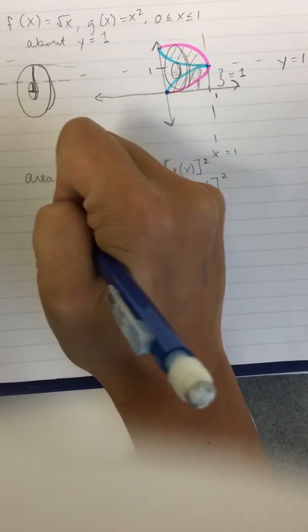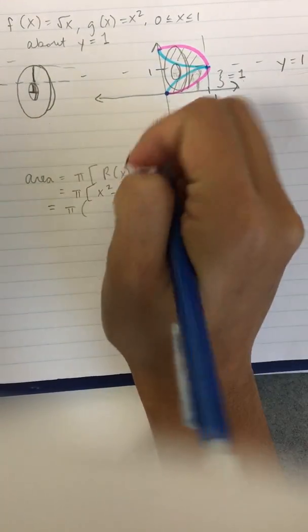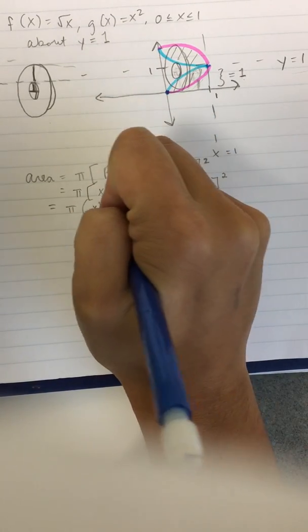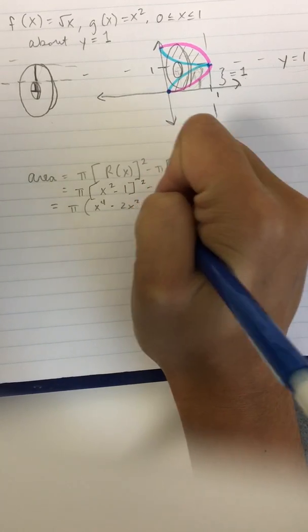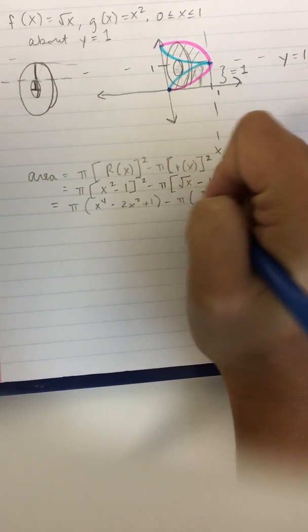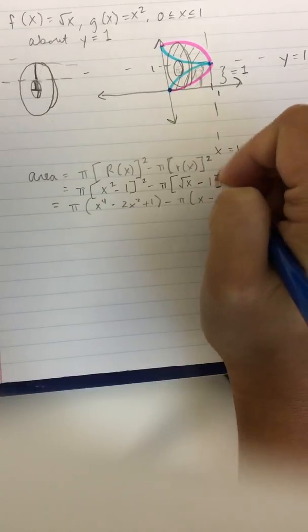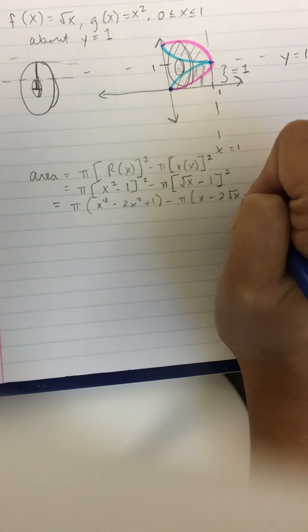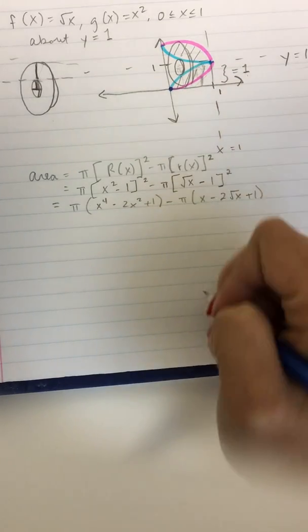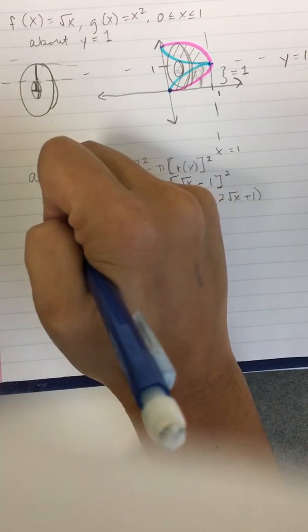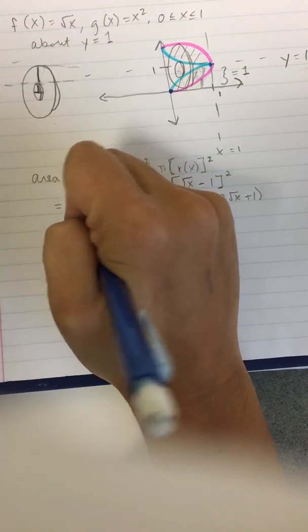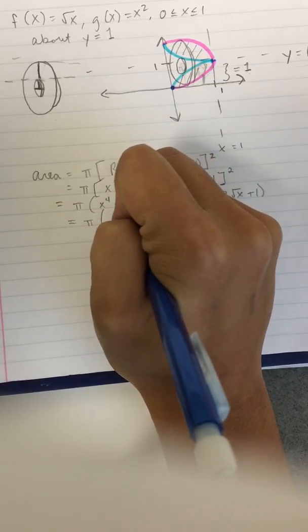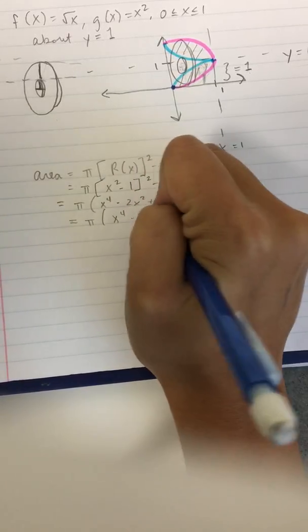Now we can FOIL these out, which would give us x to the 4th minus 2x squared plus 1, and x minus 2 square root x plus 1. And then if we rewrite this, we can simplify it as pi times x to the 4th minus 2x squared plus 1.